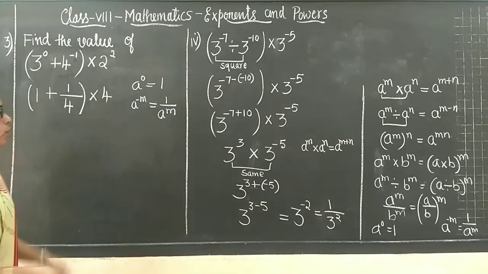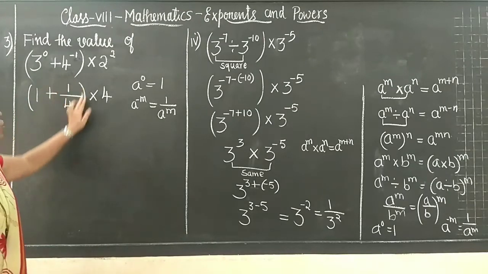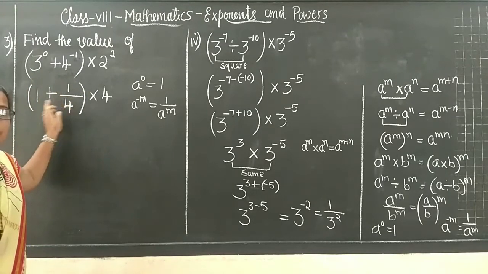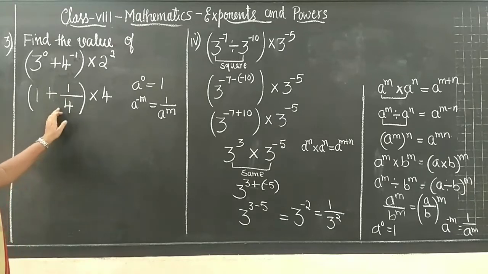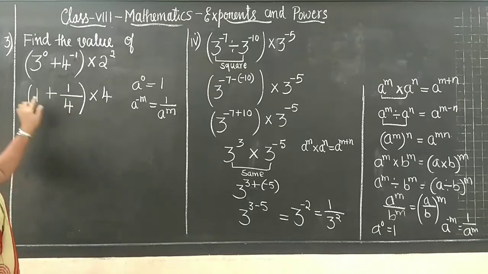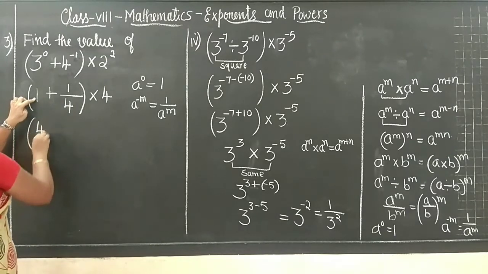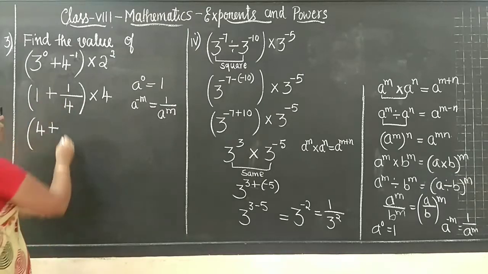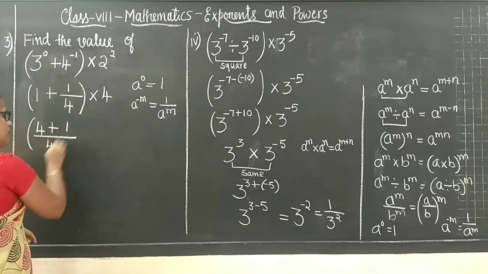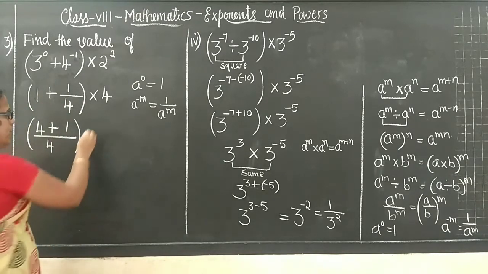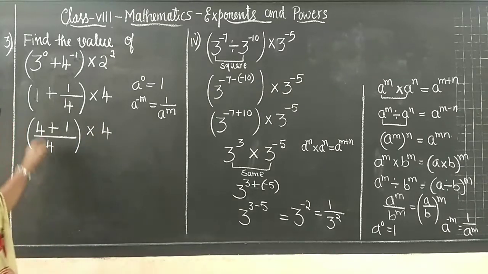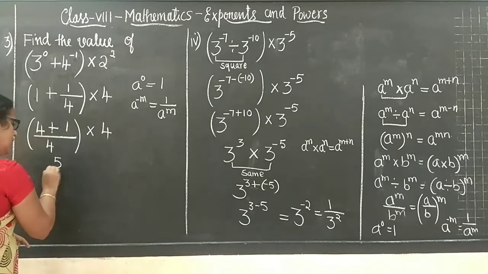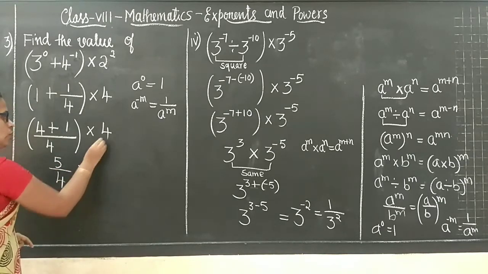2 2s are 4. Okay, so now how to add this, children? Fraction is there. How to add the fraction? See, add it. 1 plus 1 by 4 can get added as 4 1s are 4 plus 1 by 4. Okay, so into 4. Now children, 4 plus 1 is 5 by 4 into 4.